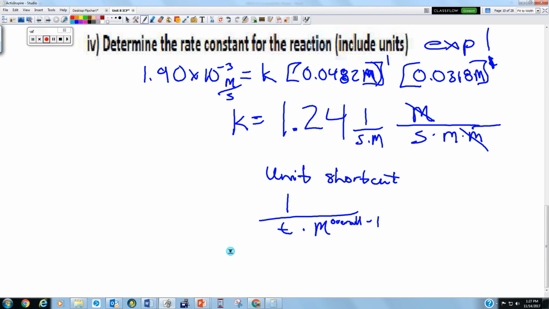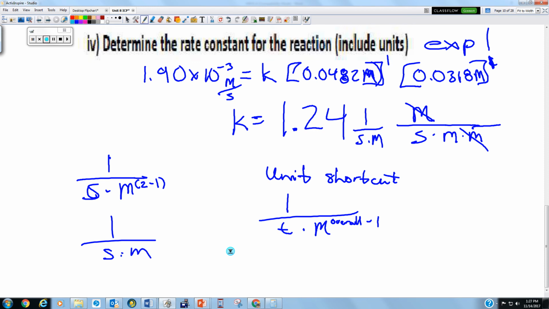So if we look at our last equation, our overall order was 2, right? So it's going to be 1 over time. Our time was in seconds, times molarity to the 2 minus 1, which gives us 1 over S times M, right?